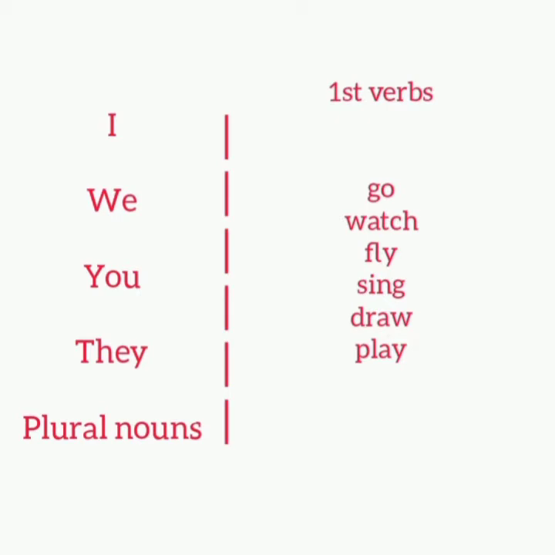And here plural noun stands for more than one person or one thing. For example, Siam boy and Thang boy, more than one person's names. So Siam boy and Thang boy go. The same thing applies to the other verbs like watch, fly, sing, draw, play.